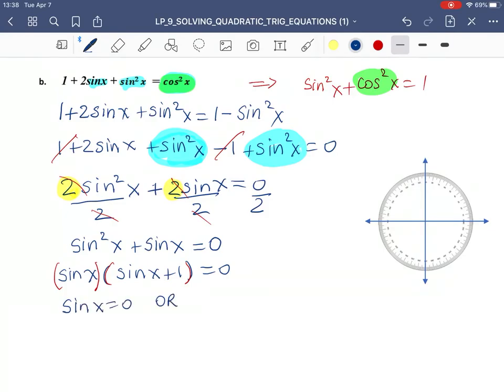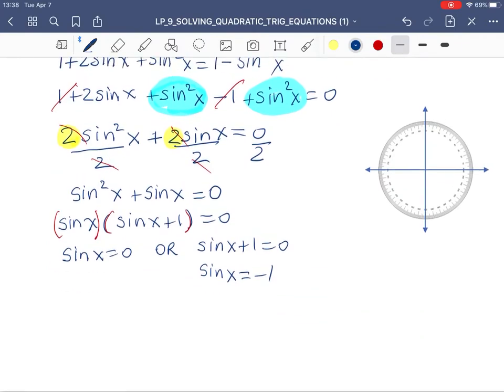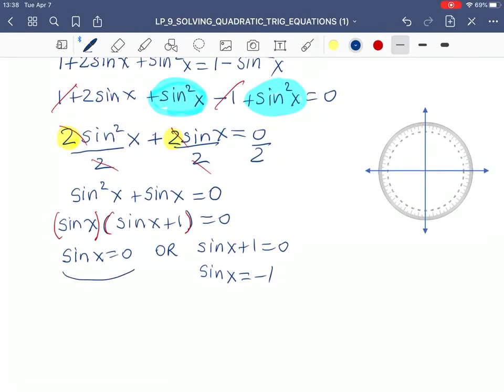So sine x equals 0, we're going to say, or sine x plus 1 equals 0. So we need to do a little bit of work here. So let's simplify. Sine x equals -1.